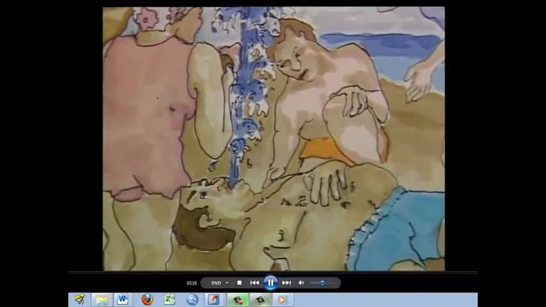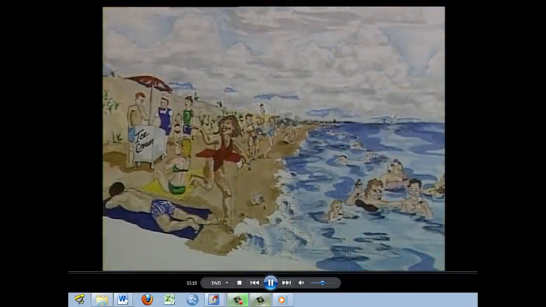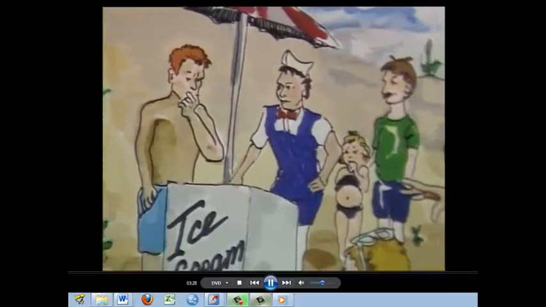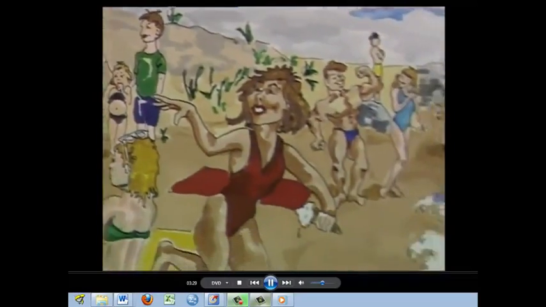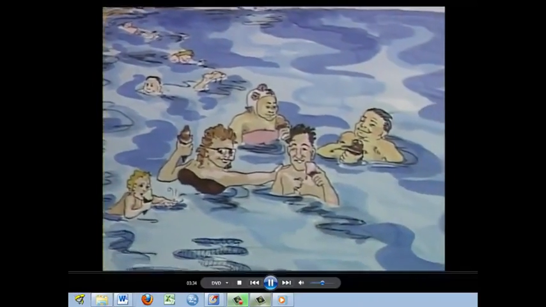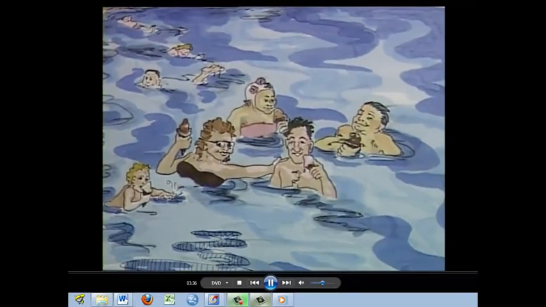But there's a better explanation. Both ice cream sales and drownings are showing a common response to a third factor: temperature. On a hot day, more people go to the beach, more ice cream is sold, and more people drown, simply because there are more swimmers.